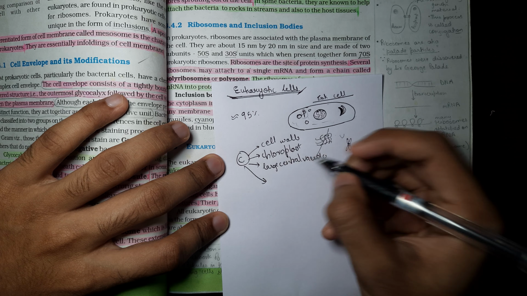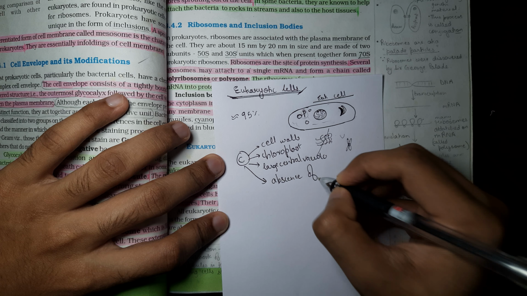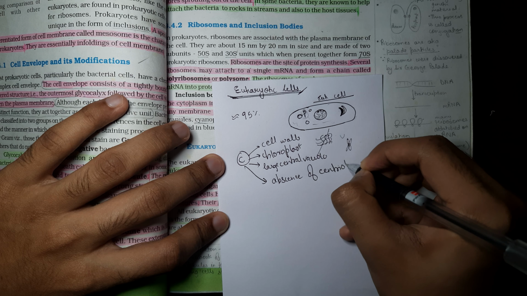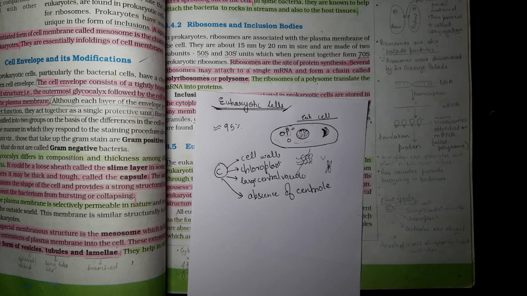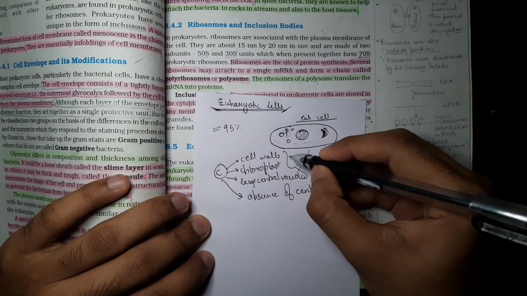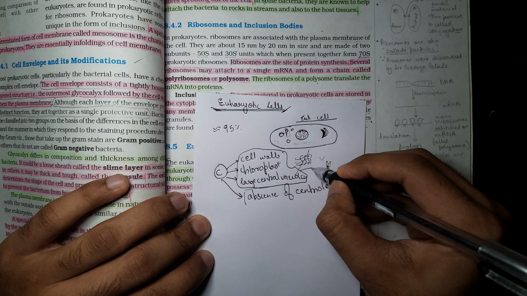And they have absence of centriole. This is just a simple trick which I learned from a very good teacher, Vipin Kumar Sharma sir. So these three are exclusive to plant cells, and the centriole is absent in plant cells.